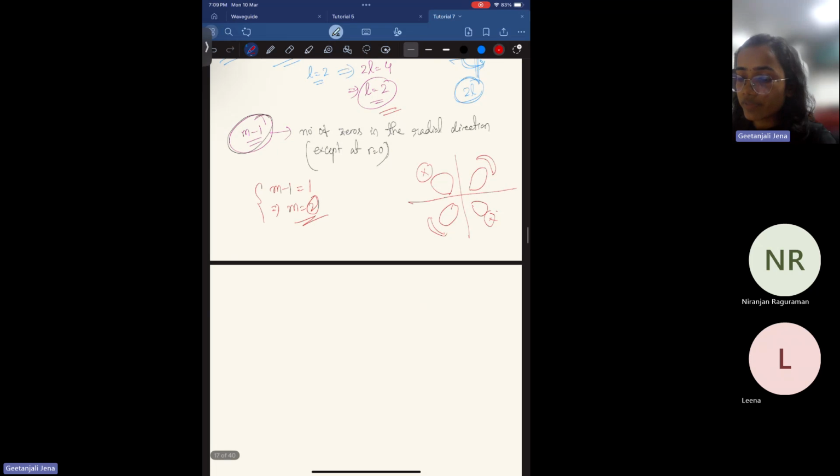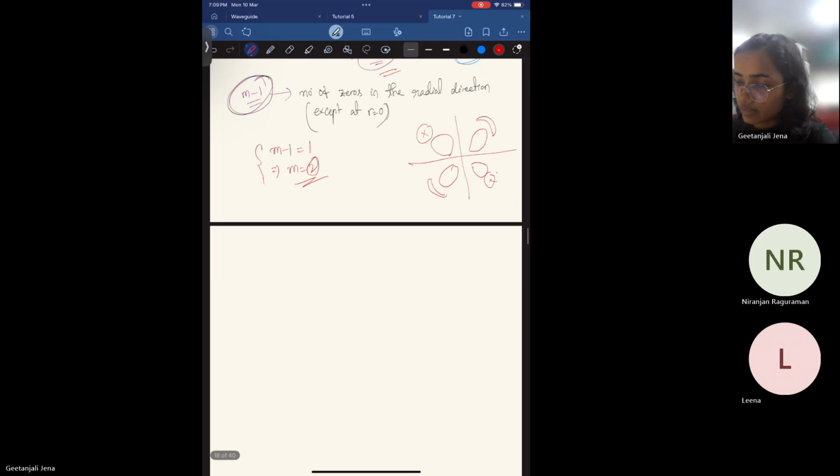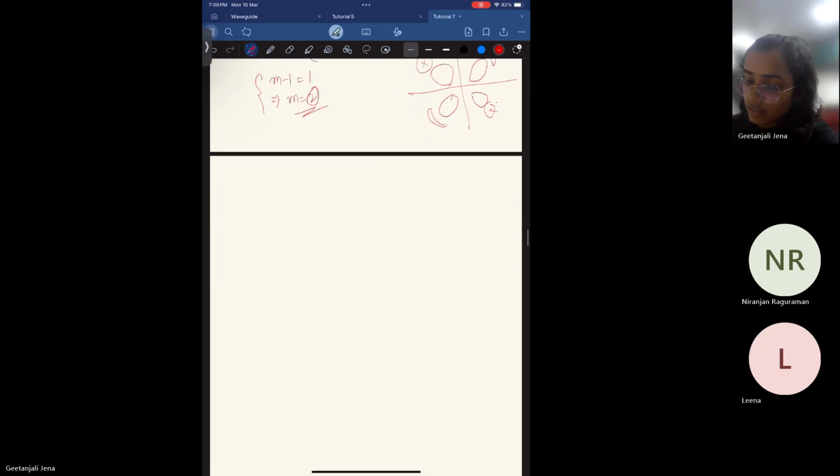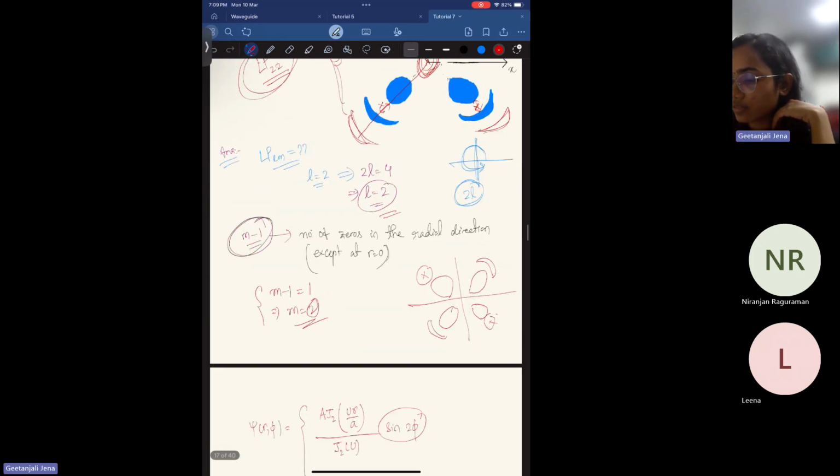Now you already know the values of L and M. Based on this, psi of r, phi inside the core will be A J2 (UR by A) over J2(U) sine L phi, which is sine 2 phi. Why is it sine 2 phi? Why not cos 2 phi?